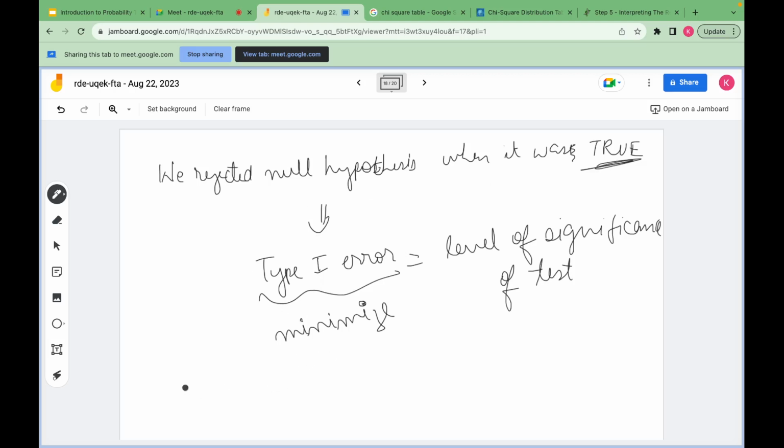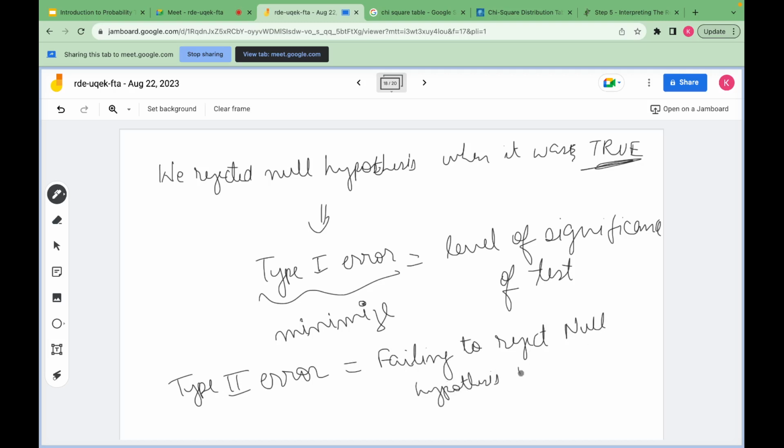And there is another error, which is type 2 error, which is failing to reject the null hypothesis when it is actually false.